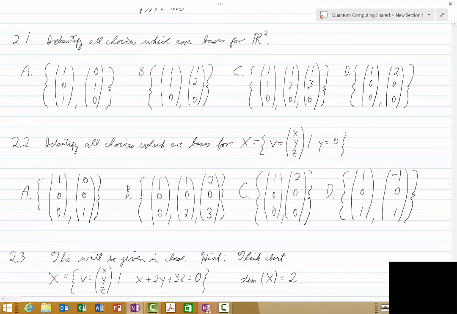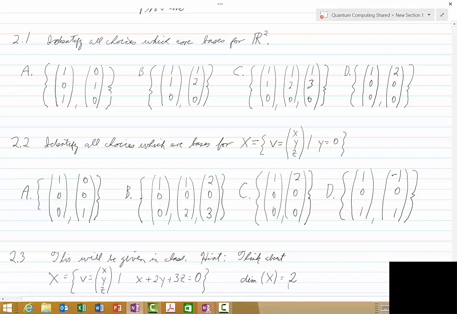And so again, you have some choices down here, and you should pick all of them. Again, there may be more than one. All of these that are bases for the subspace under consideration.